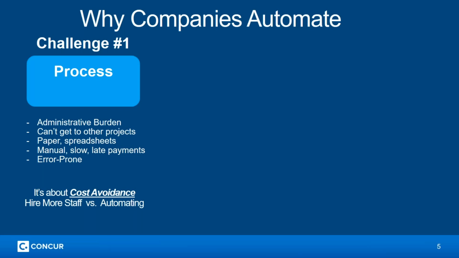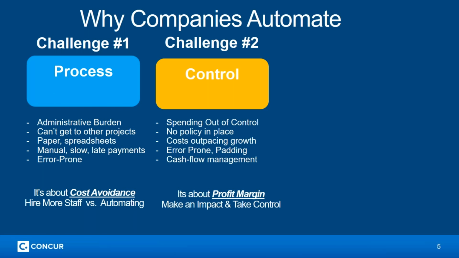So thinking about cost avoidance, how do we fix our current solutions without bringing on more headcount, looking at technology to solve the process challenges they have. Number two being control. We're finding that spending is out of control. They don't have a good way to enforce policy.